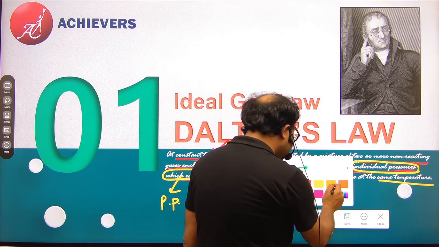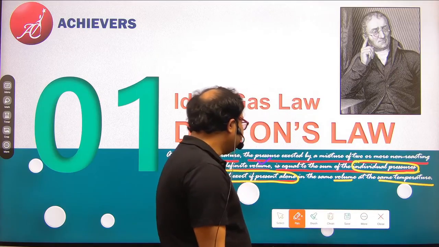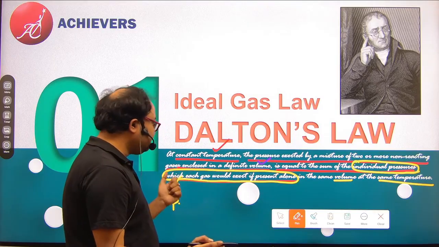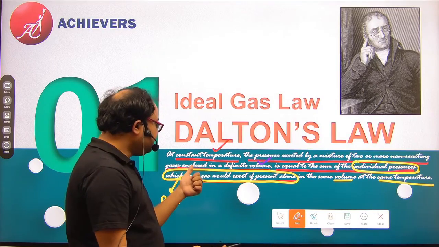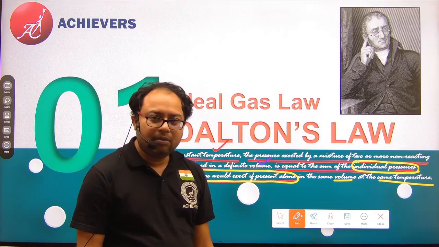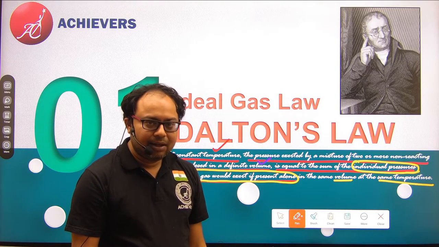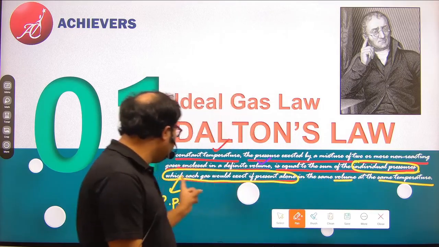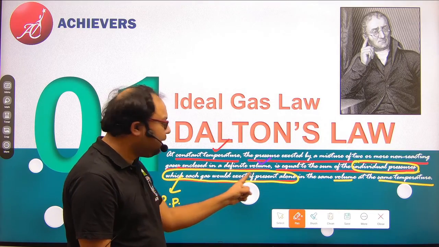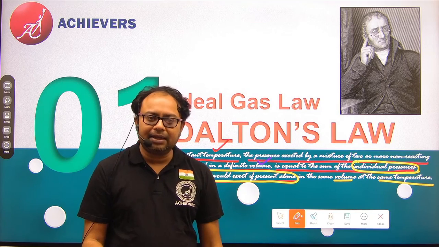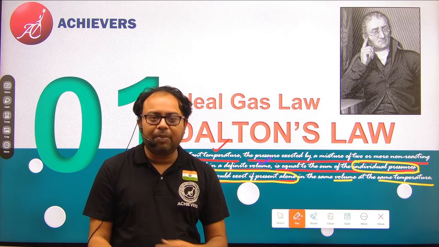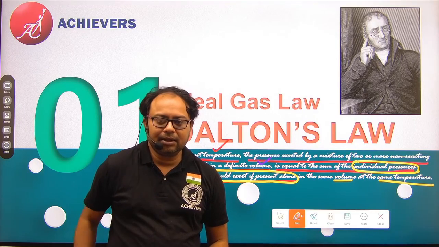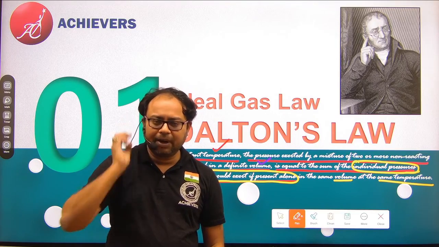Now under this constancy, what you see? You see that the pressure exerted by a mixture of 2 or more ideal gases, which is enclosed in a definite volume, volume is fixed, what do you see? You see it is equal to the sum of the individual pressures which each gas would exert if present alone. That means it is the sum of the individual partial pressures.